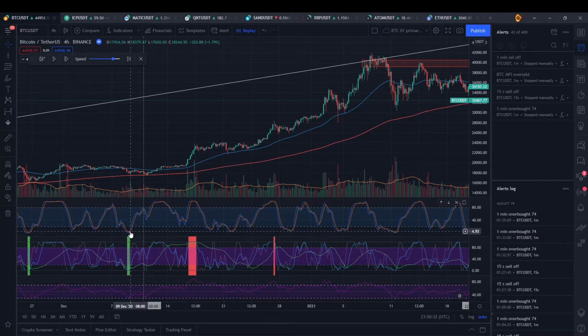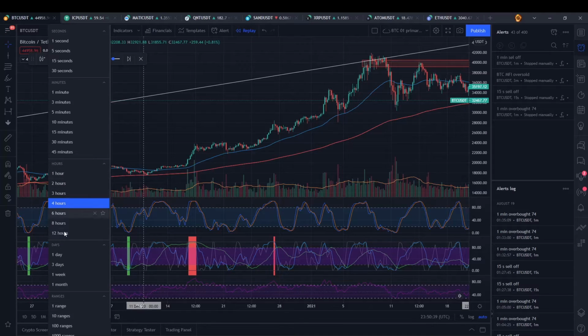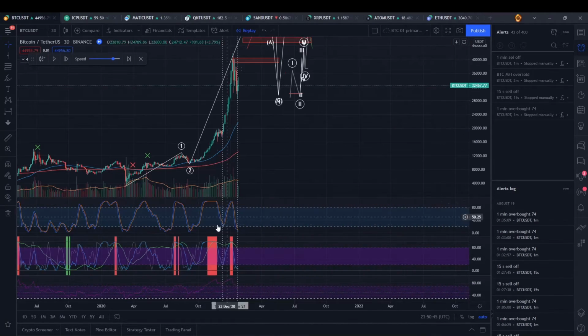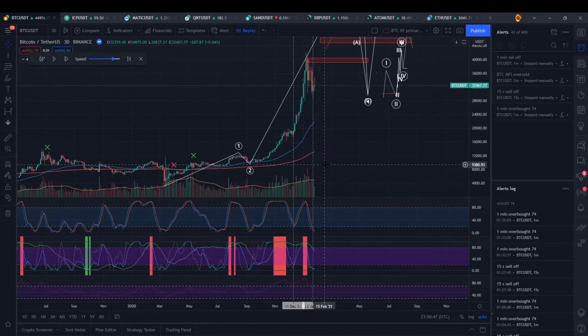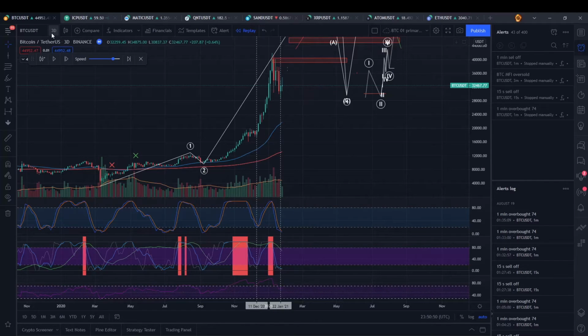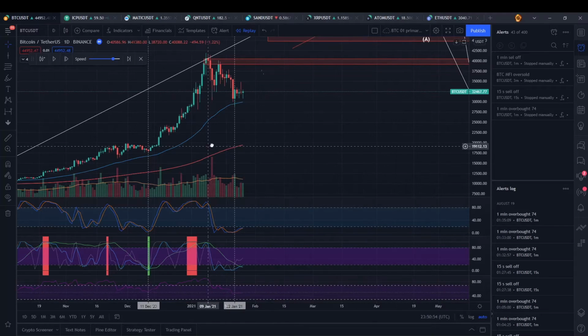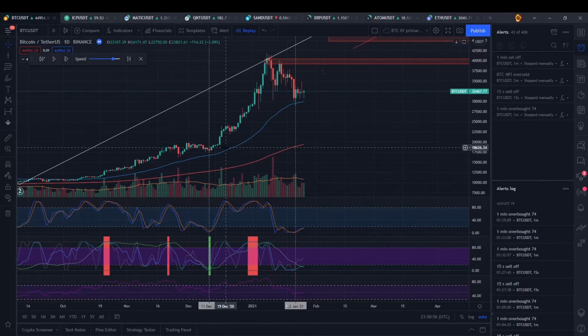Probably here, because when you use lower time frames you need to consider more candles. So this is a point, and even when you go to the 3-day, which is a bigger time frame, you might find it oversold as well. So this is a point where you had several time frames being oversold together.